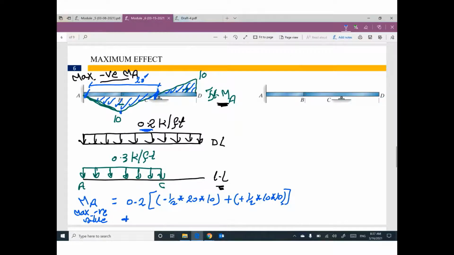Plus, this is the value of dead load, plus the value of live load, 0.2 times... What is the area covered by live load only? This area only. So we have negative 1/2 times 20 times 10. What about this one? We don't have live load there. So that's it. Go ahead and find your number.